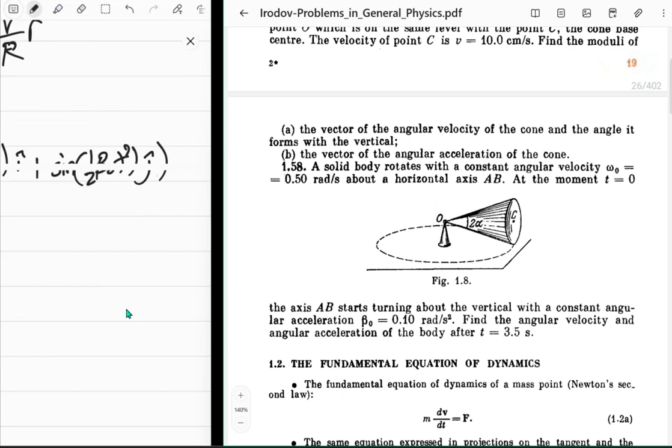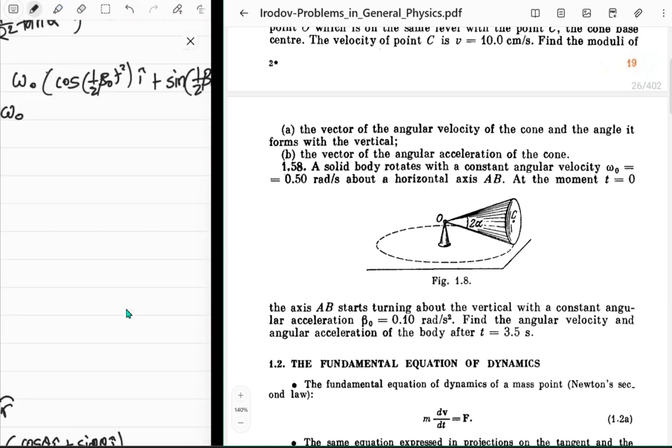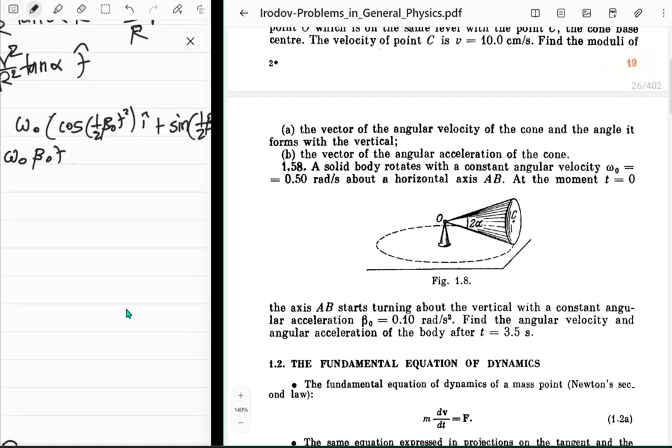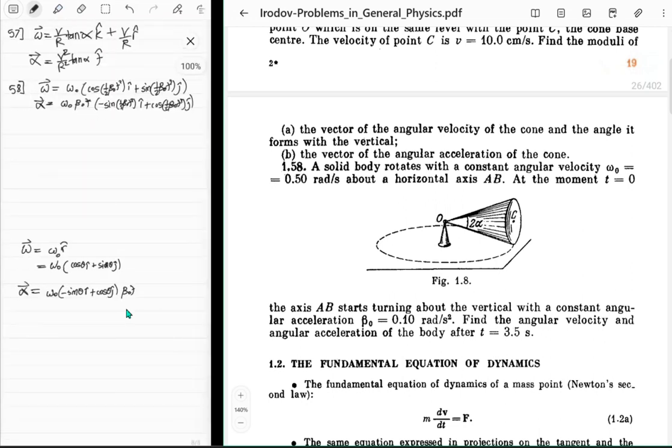And the angular acceleration is equal to omega naught b naught t times negative sine of half b naught t squared i hat plus cosine of half b naught t squared j hat. That should do it. Next question.